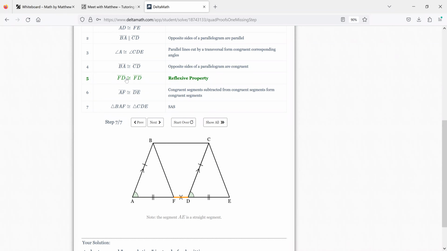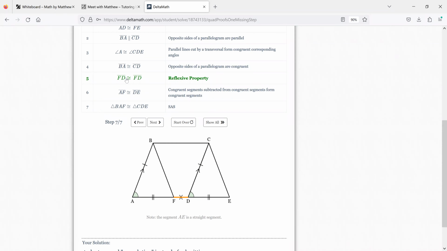So what do we have? We have an angle. That's good. We have a side and another side. So it looks like we're using side angle side, side, side, angle. Where's the angle, angle side? Boy, these are confusing.